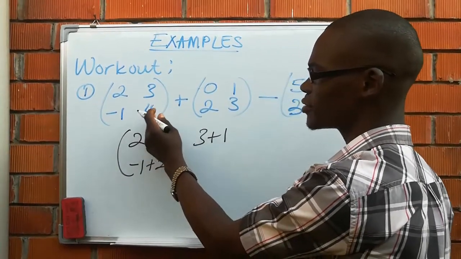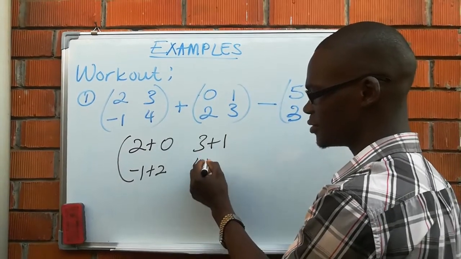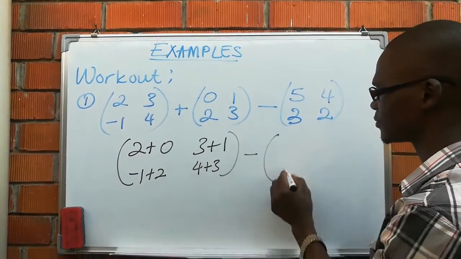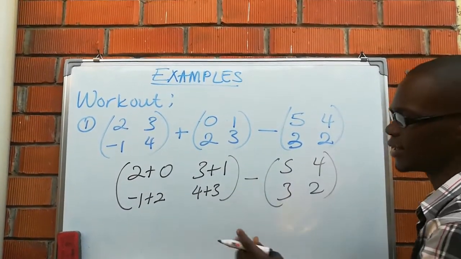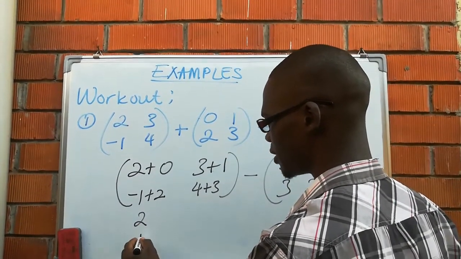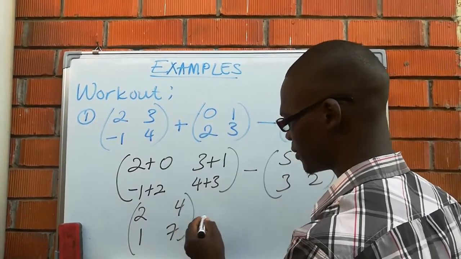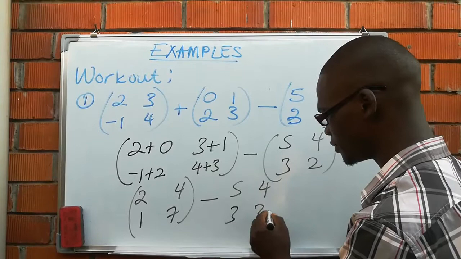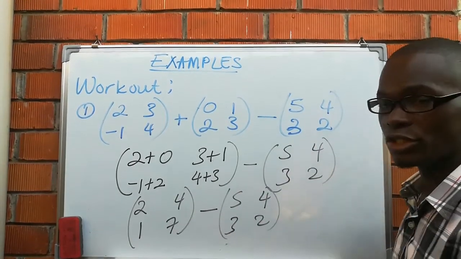And 4 corresponds with 3, which gives us 4 plus 3. Minus 5, 3, 4, 2. Then when adding, we shall get 2, 1, 4 and 7. Now we bring 5, 4, 3, 2. So we are done with addition.